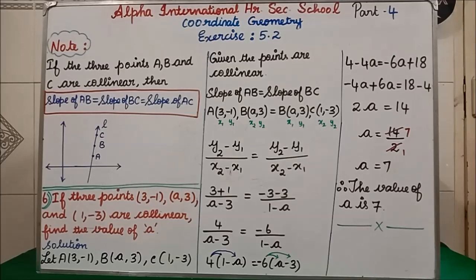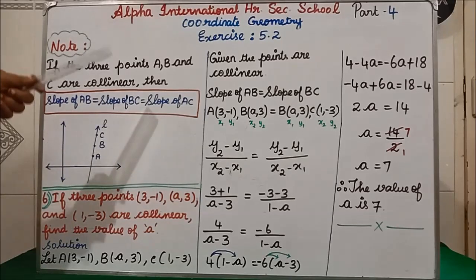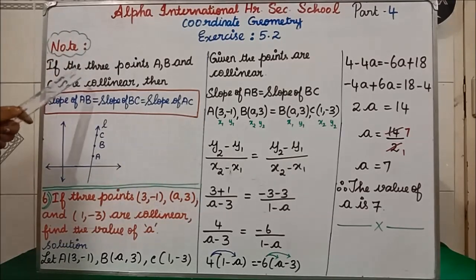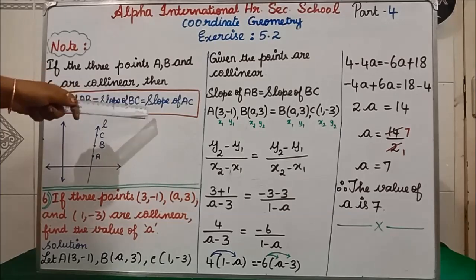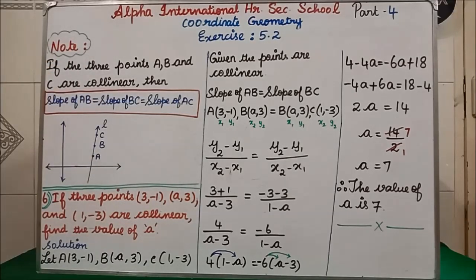Before going into the 6th question, we have to see one note: if 3 points A, B and C are collinear, then slope of AB is equal to slope of BC is equal to slope of AC. Clear?